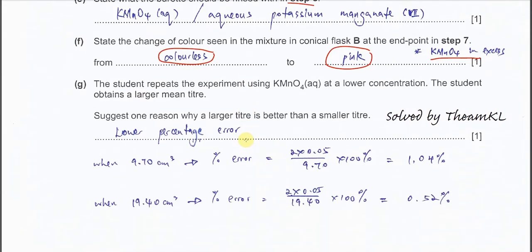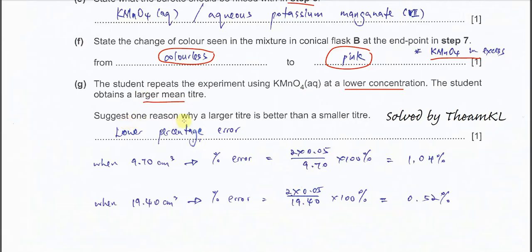Okay, part G, the student repeats the experiment using KMnO4 at a lower concentration. When the KMnO4 used for the titration is at a lower concentration, it means the volume used is going to be larger, right? So therefore, the student obtains a larger mean titer value or titer volume.